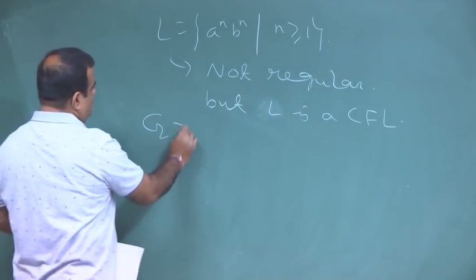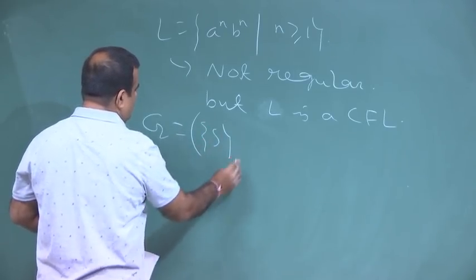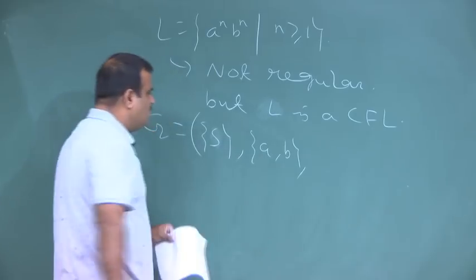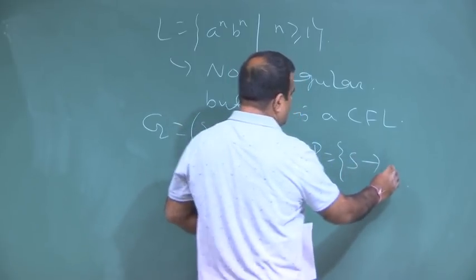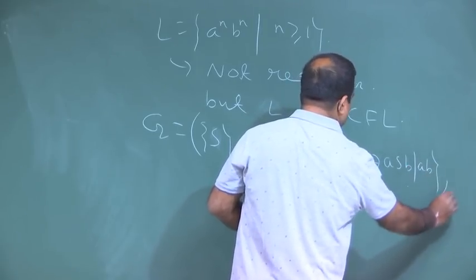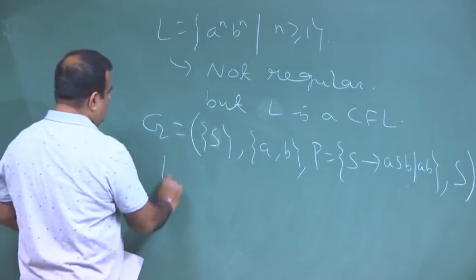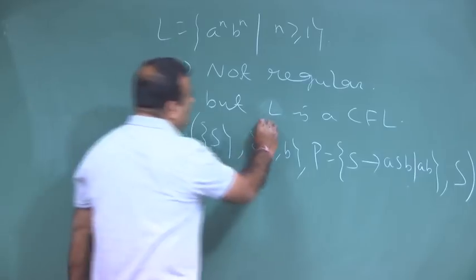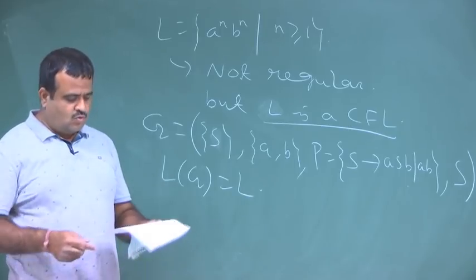Because just now we have seen we can have a context free grammar: V has just one variable S, sigma is a, b, the terminals, and P is S goes to aSb or ab, these two rules, and we have S, and L of G is nothing but L. So, this is a context free language, but it is not a regular language. Okay. We will talk more on this. Thank you.